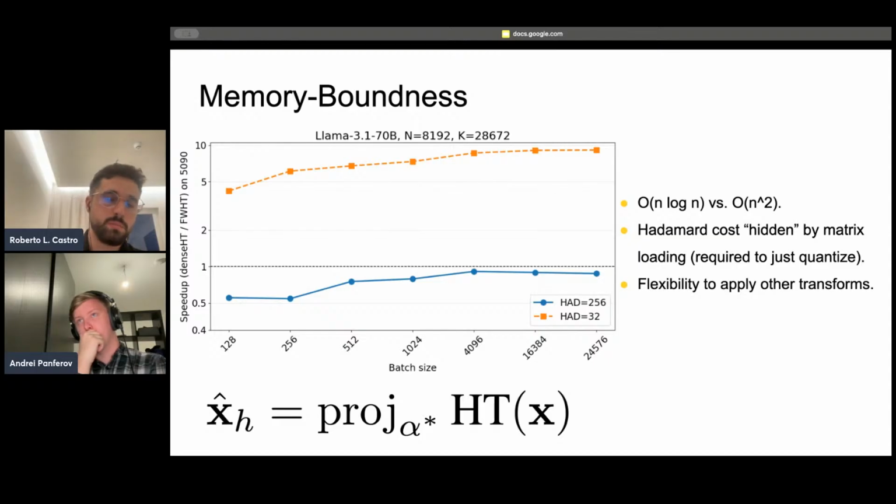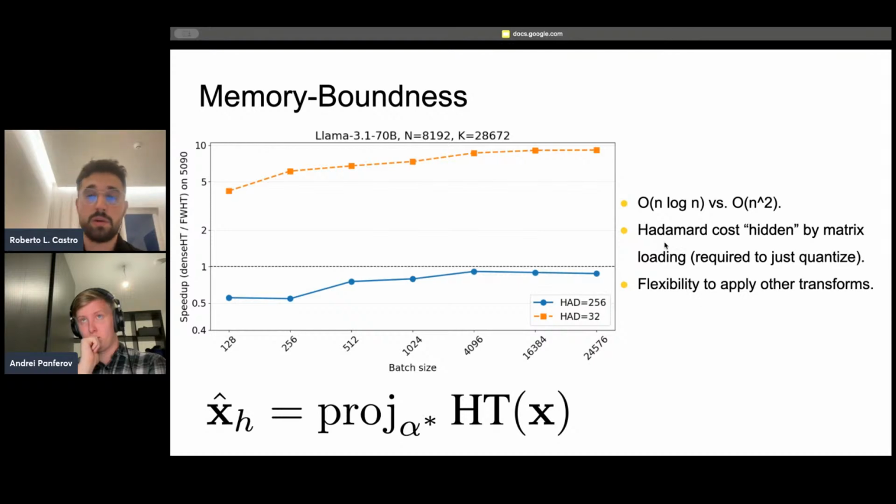But when we move to Hadamards of 256, then we have the fast Walsh-Hadamard transform that is able to solve this transformation with complexity n log n. The time it takes to apply this Hadamard transformation is going to be determined by the time it takes to load our matrices, because it's a memory bound problem. That means that if we move our data really efficiently, our method is going to be much faster.